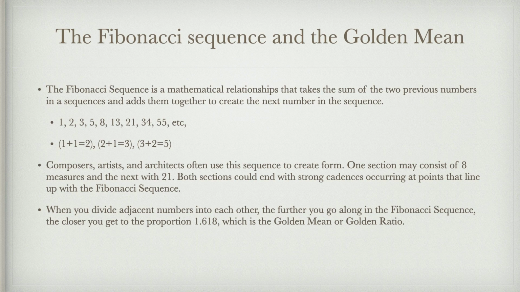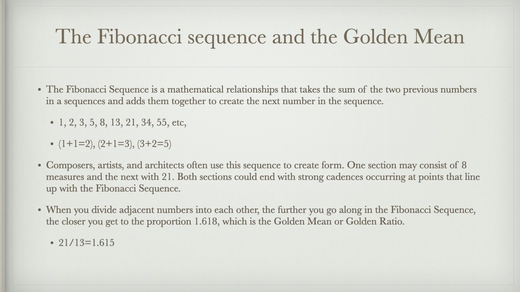So when you divide adjacent numbers into each other, the further you go along in the Fibonacci sequence, the closer you get to the proportion 1.618. So 1.618 is actually the golden mean or the golden ratio, and that is the goal of a lot of art and a lot of music, especially in the 20th and 21st century. And actually you can find this in a lot of Mozart's pieces too.